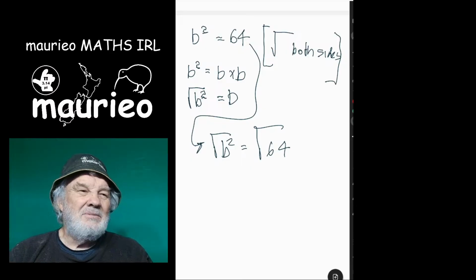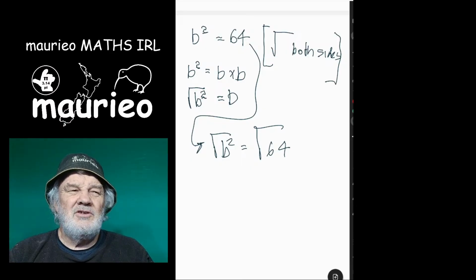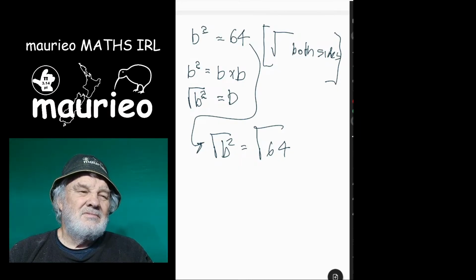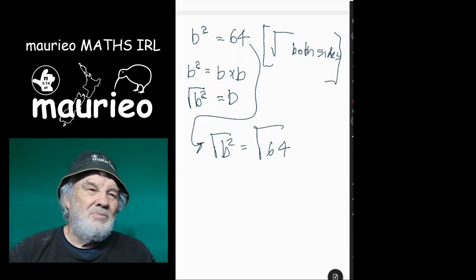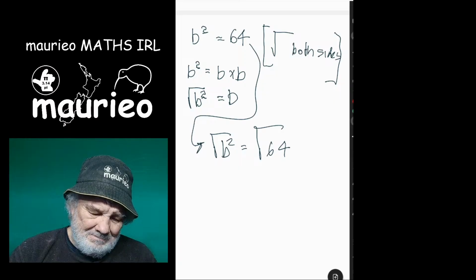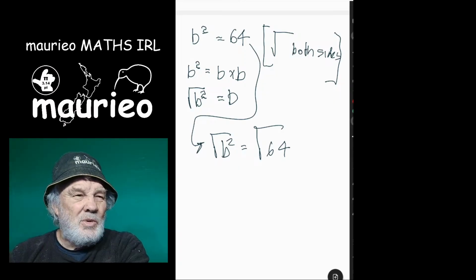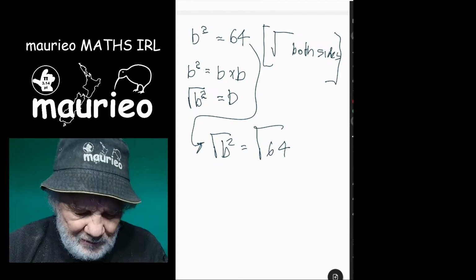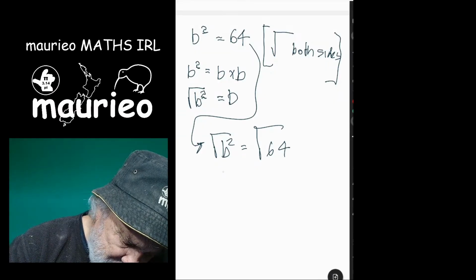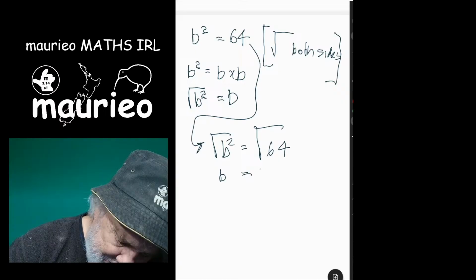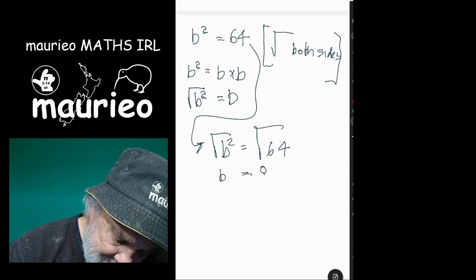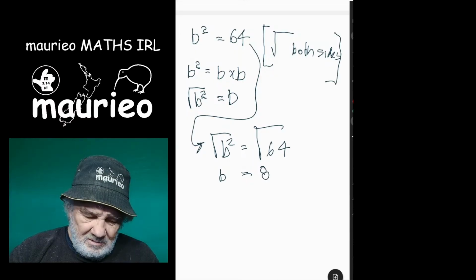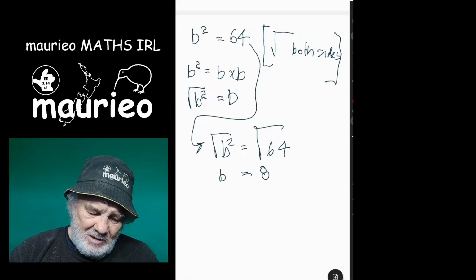The square of a number is just the number multiplied by itself. So what number multiplied by itself equals 64? If we want to find the number, we just take the square root of 64. So the square root of b squared is b, and the square root of 64 is 8, that's the answer. b equals 8.